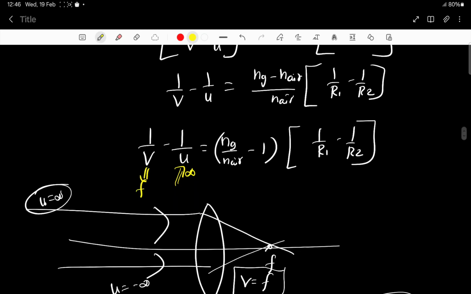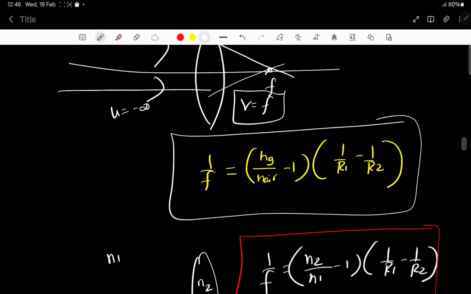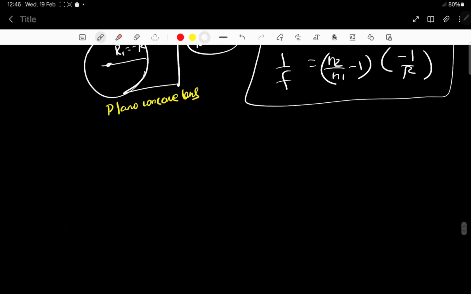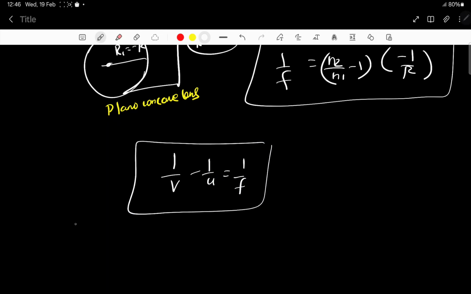From these results you can clearly understand one more remarkable fact. Generally, 1 by V minus 1 by U is equal to 1 by F. We derived the formula for the thin lens: 1 by V minus 1 by U equal to 1 by F. This formula is called the lens equation, and it should also be used with proper sign conventions.